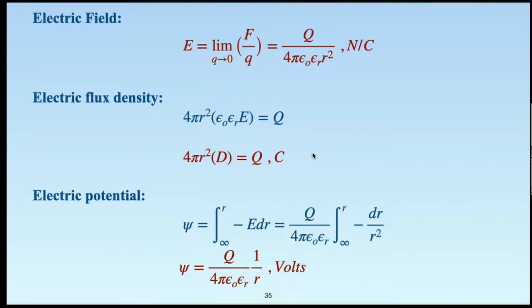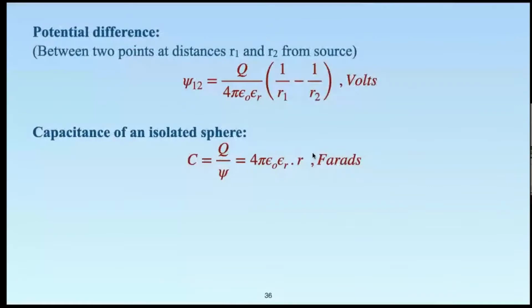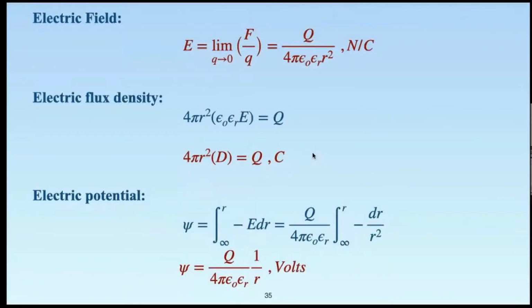Electric field can be expressed in terms of force per unit charge, right? The definition of electric field is the limit of force per unit charge as the test charge tends to 0.